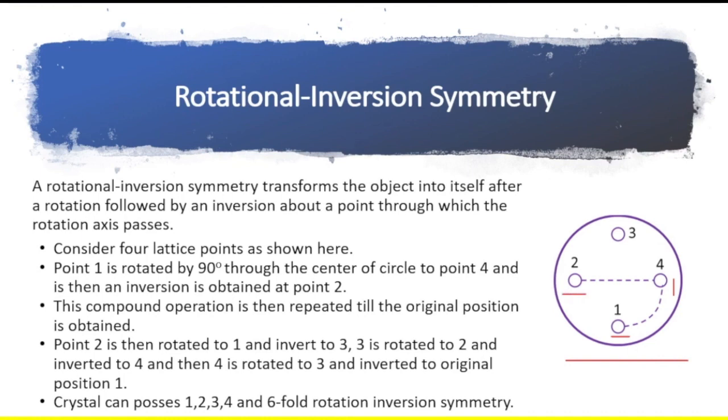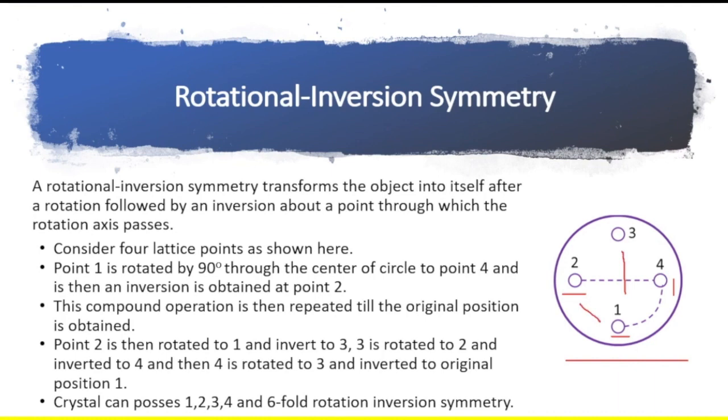Now, if we want point 2 to reach the original position 1, we have to perform this operation again. So again if we perform this, then 2 will rotate to 1 and 1 will get inverted to 3.